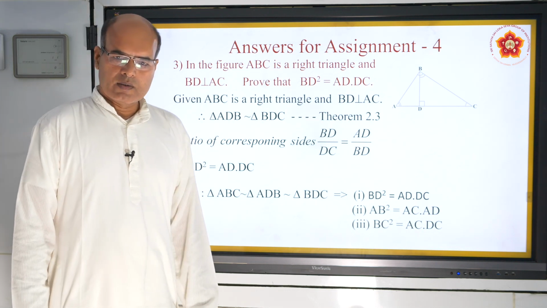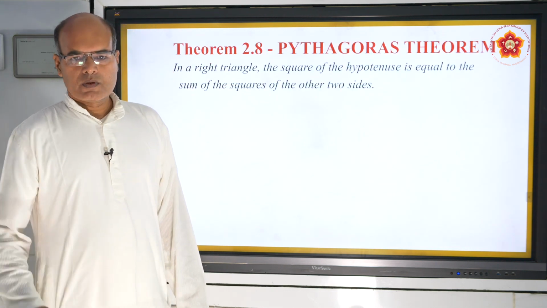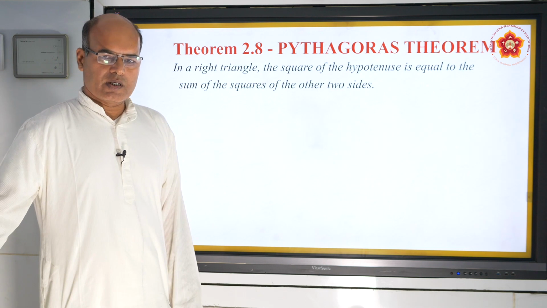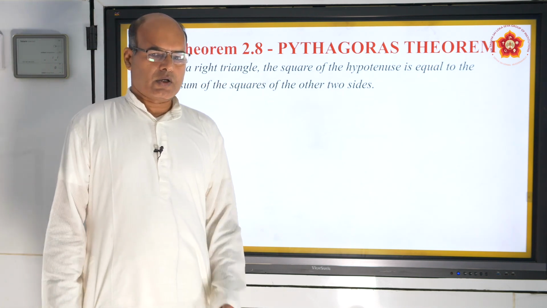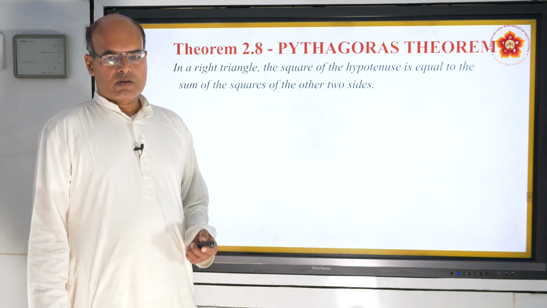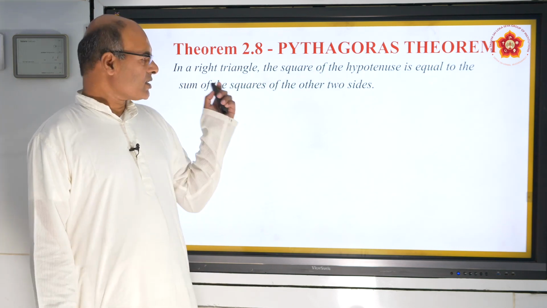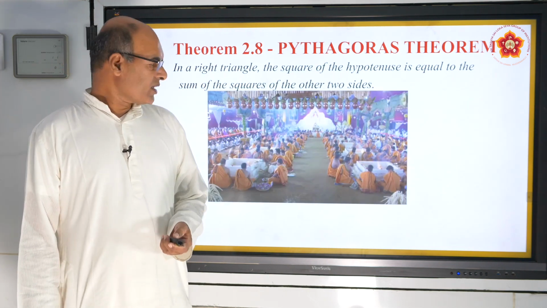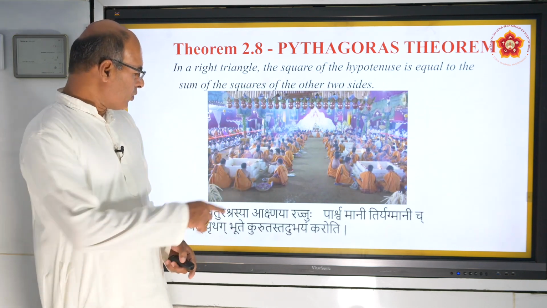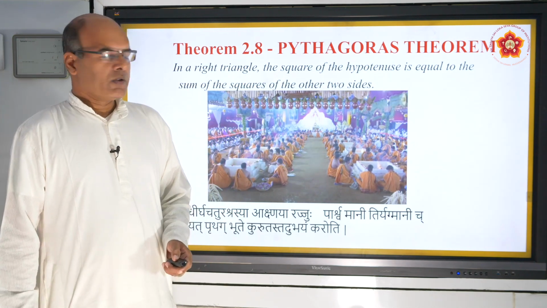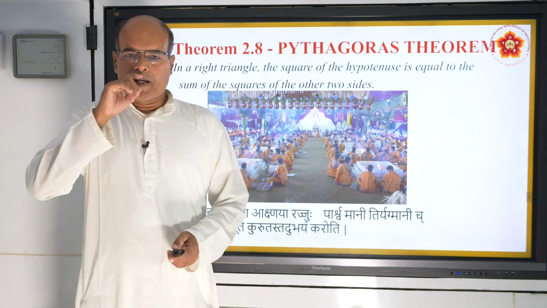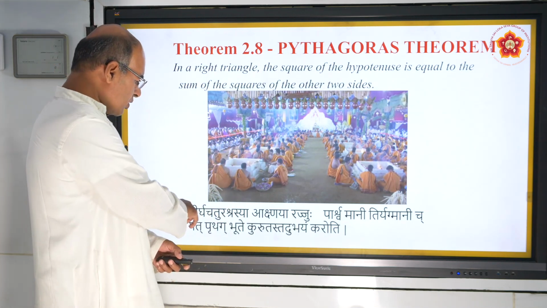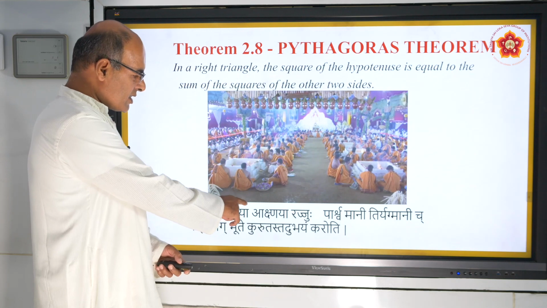Now let us go to the Pythagoras theorem. It states, in any right angled triangle, the square on the hypotenuse is equal to the sum of the squares on the other two sides. We had been using this theorem much before Pythagoras, mainly to construct the Yajnakundas. These statements appeared in Bodhayana Sulbha Sutra as Dirgha Chaturasrasya Akshnaya Rajjuhu.